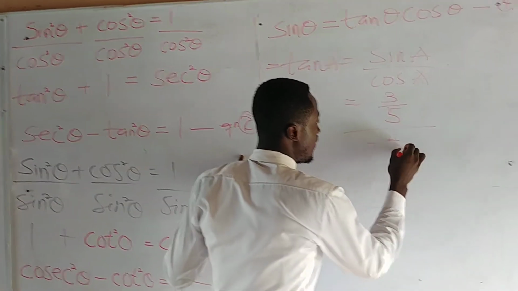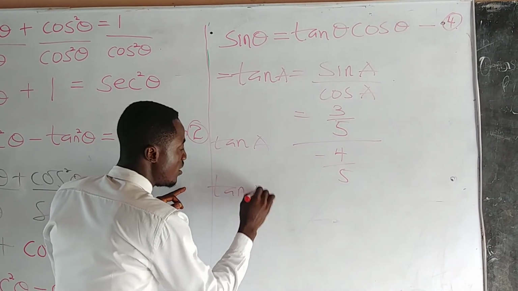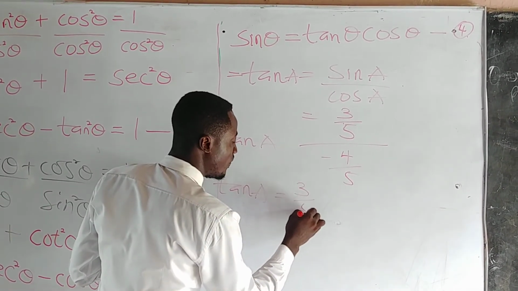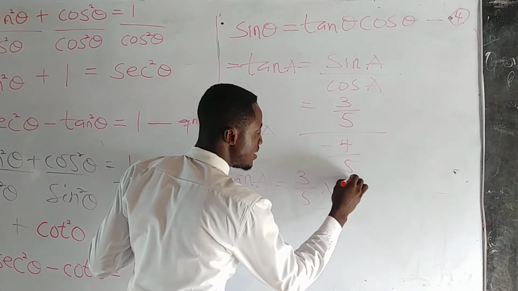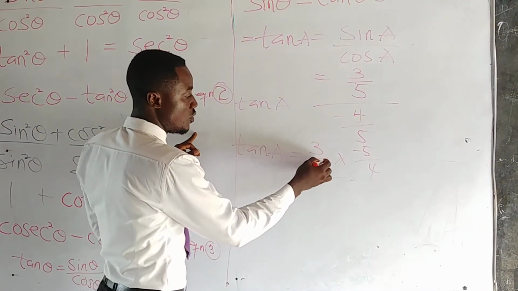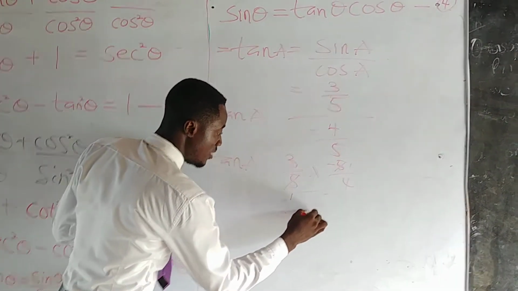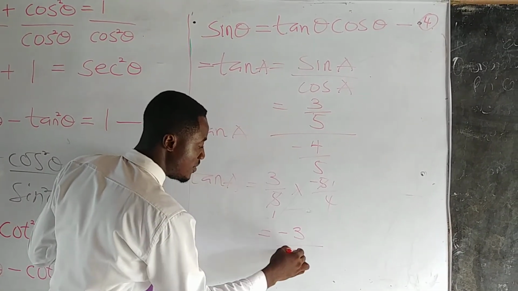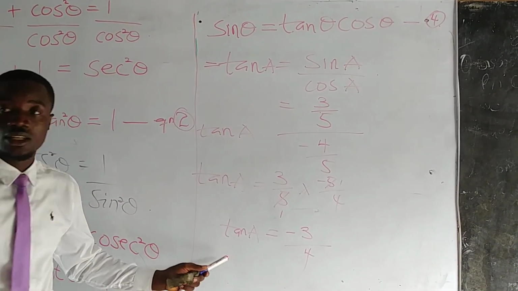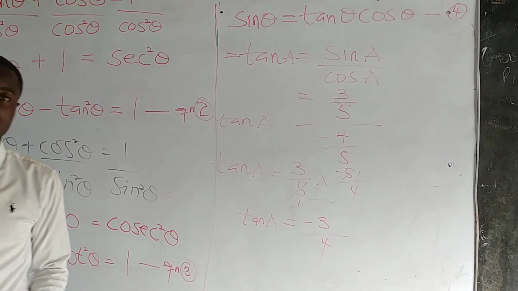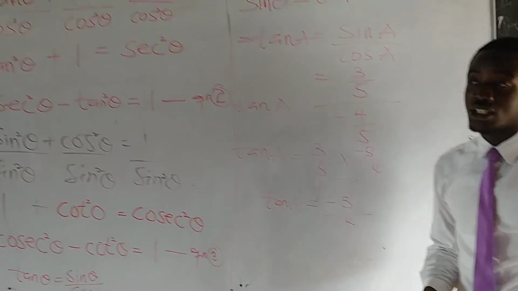So tan A will be equal to 3 out of 5 times the reciprocal of negative 4 out of 5, so negative 5 out of 4. So 3 times negative 1 will give us negative 3 out of 4 times 4. So tan A is equal to negative 3 out of 4. So that is how we use the three identities.